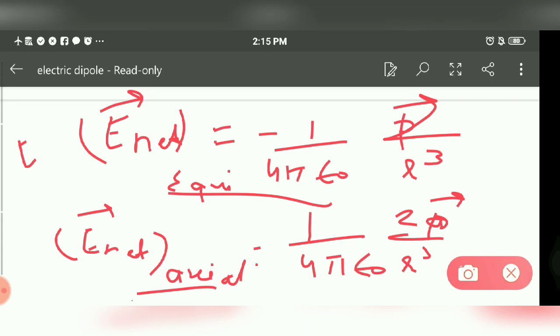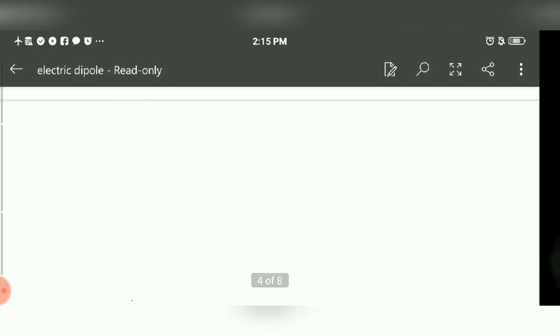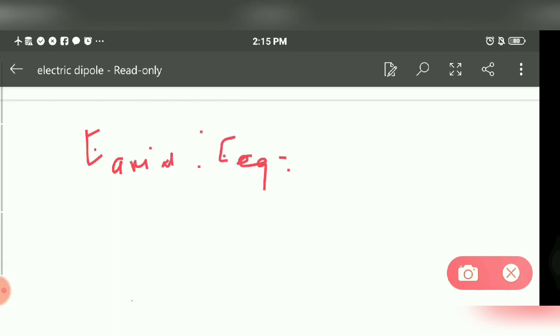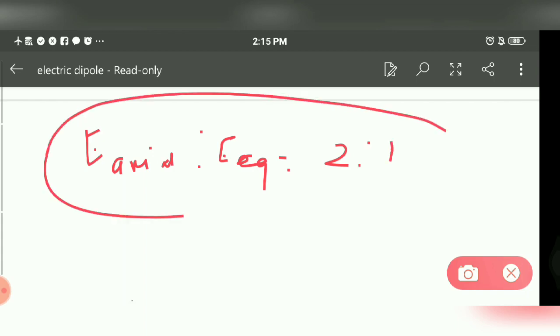Taking the ratio of magnitude, not direction, only magnitude, we get 2 ratio 1. So E axial to E equatorial is 2 ratio 1. So the electric field due to the axial point is more as compared to the electric field due to the equatorial point.